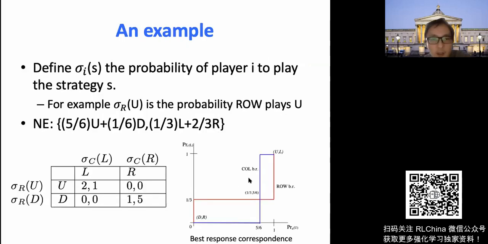If you think about this strategy set, we can take a look at this example. You've got 2 agents, 2 actions, a normal form game, and you can write down this sigma as their mixed strategy. I have 5 out of 6 probability to play U, and 1 out of 6 to play D. So you can actually write down this best response correspondence curve.